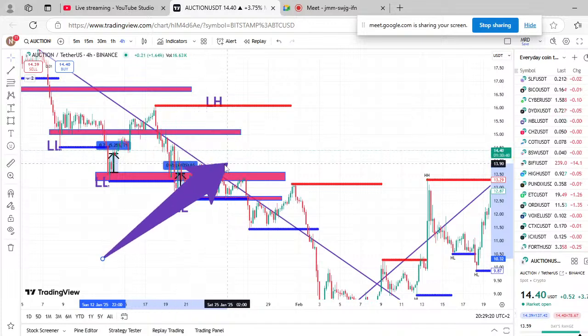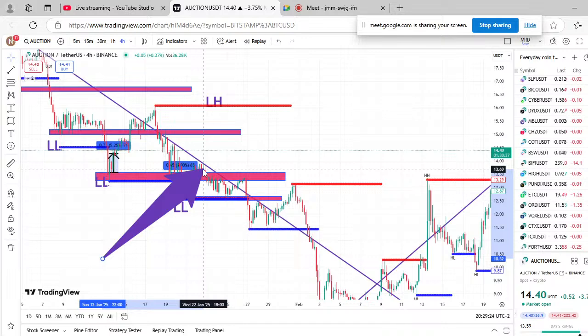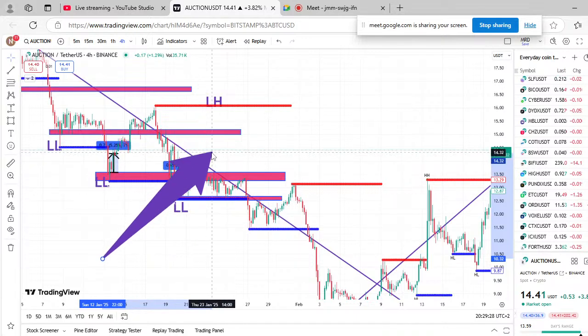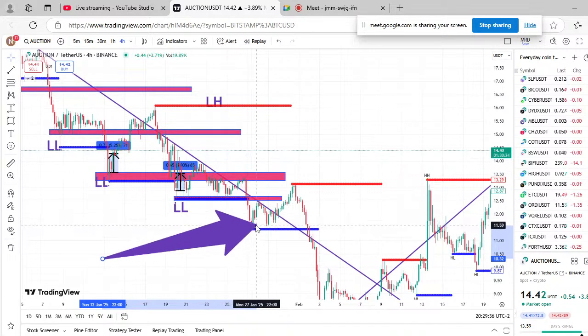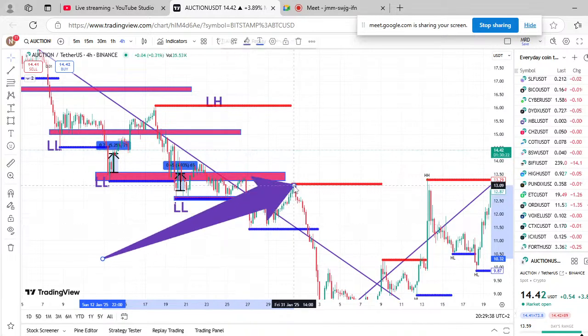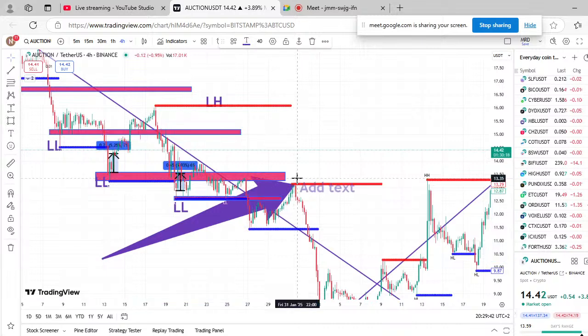What are the rules of structure? Whenever we form a lower low, we should have its lower high. So meaning, if this one is lower low, automatically this one is our lower high. Okay? If you don't know that, seriously, you will find it hard to identify.